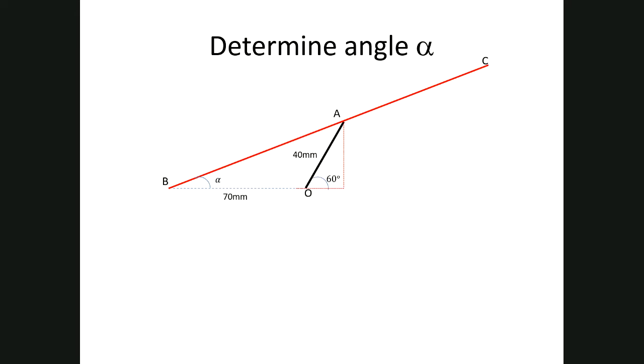From that we can see, if you remember your work on Pythagoras' theorem and trigonometry, that 40 millimeters times the sine of 60 degrees will equal this length, and that length is equal to 34.64 millimeters.